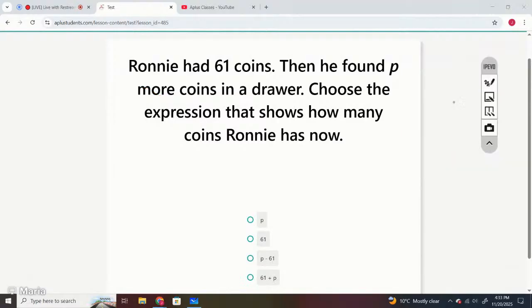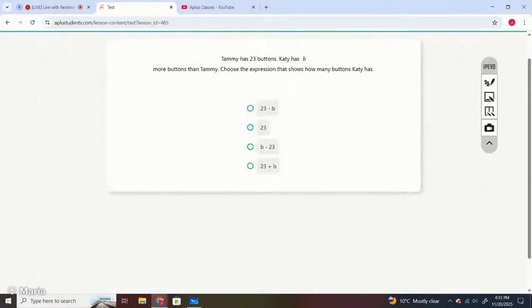Option number 4 is the correct option. Tammy has 23 buttons, Katy has B more buttons than Tammy. So more means you need to add. So which is the correct option?